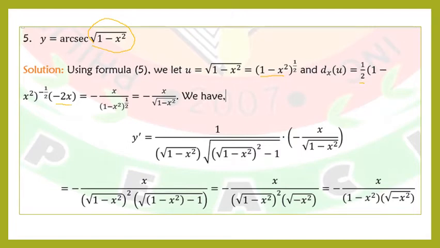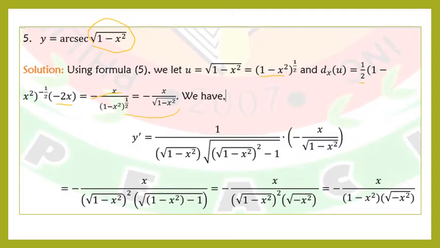Or this is equal to negative x over 1 minus x squared raised to the power positive 1/2. Nilagay sa denominator si 1 minus x squared to the negative 1/2 para maging positive. And then 1/2 times negative 2x is negative x. So that's why naging negative ito, and then x na lang din yung natira dito. Or this is equal to negative x over the square root of 1 minus x squared.